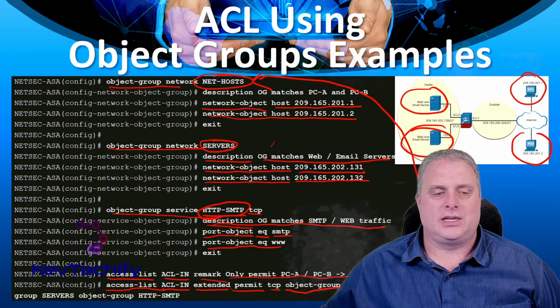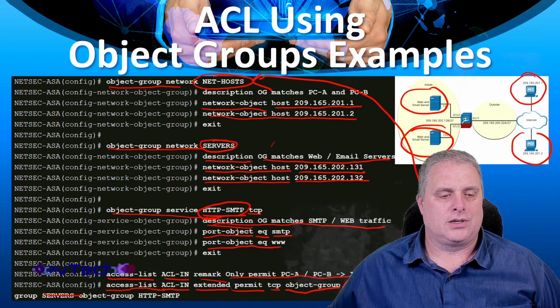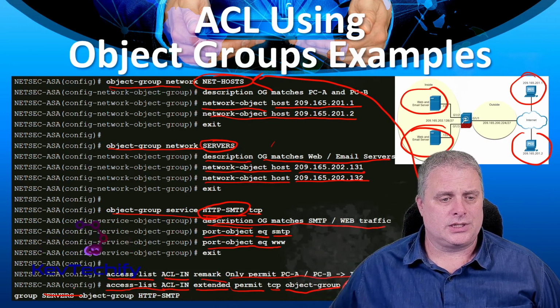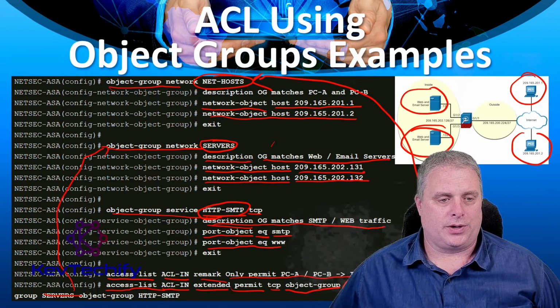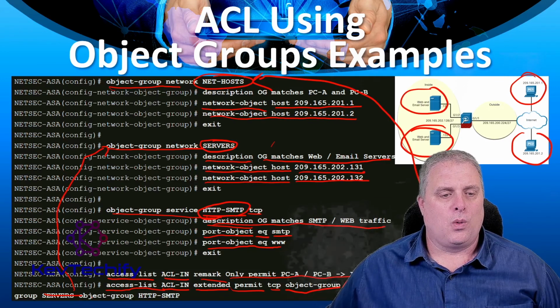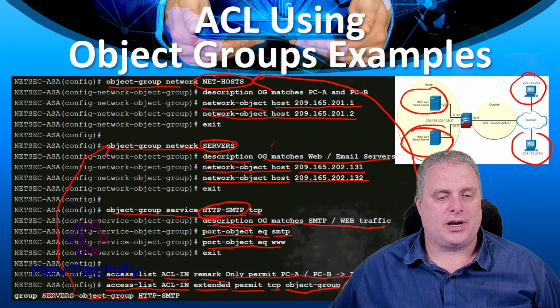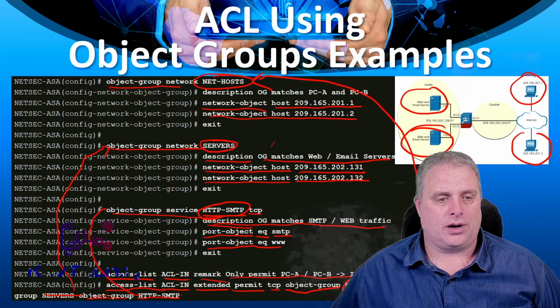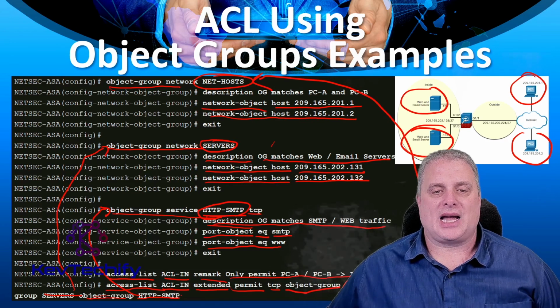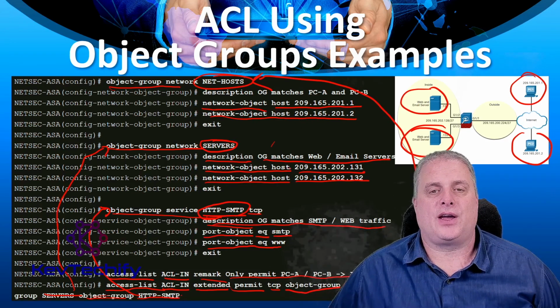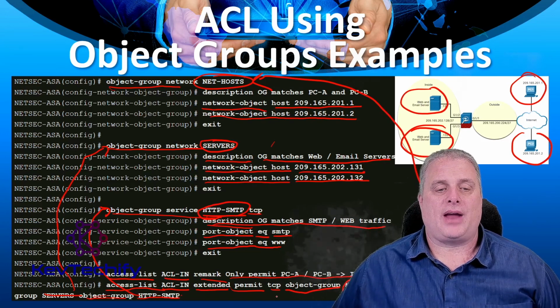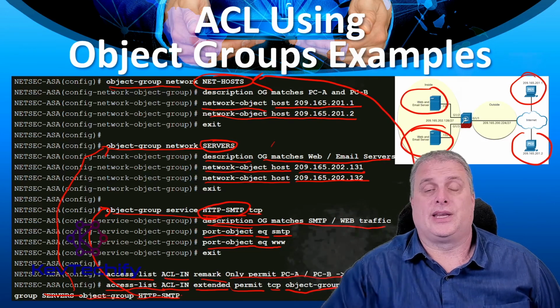Then they're connecting into the object group of servers, which is the second object group we created here. And what are we allowing here? Well, that's another object group. That would be our HTTP SMTP object group that we created third. By creating these object groups, we don't have to specify all of these access control entries, and it cleans up our access control list a little bit.